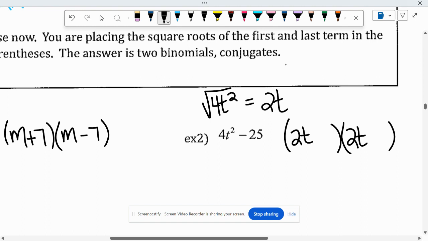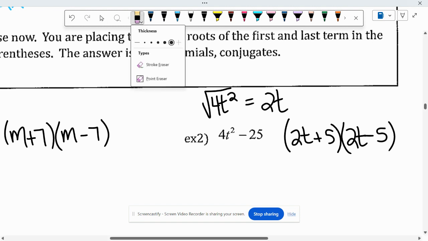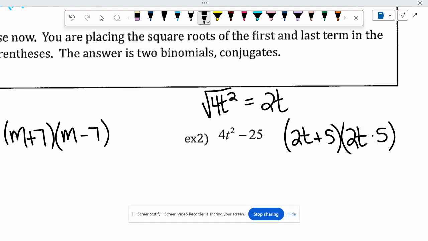What's the square root of 25? 5. 2t plus 5, 2t minus 5. That's a minus right there, kind of smushed up right against that t. I don't know if you guys can see it. Okay. So these always factor as plus and minus. They're called conjugates. Exact same numbers, just opposite signs.